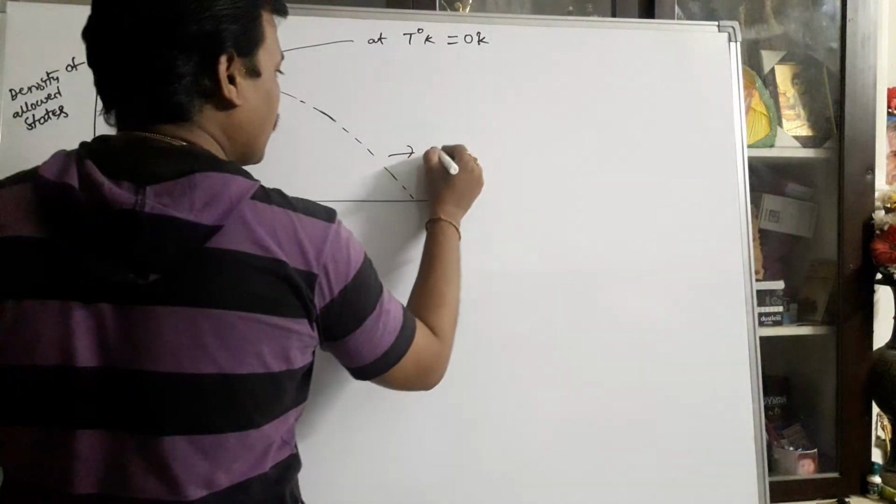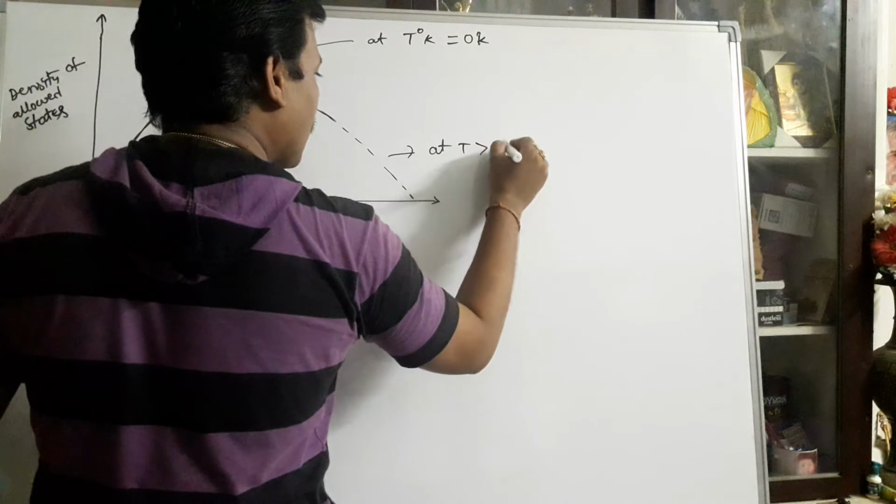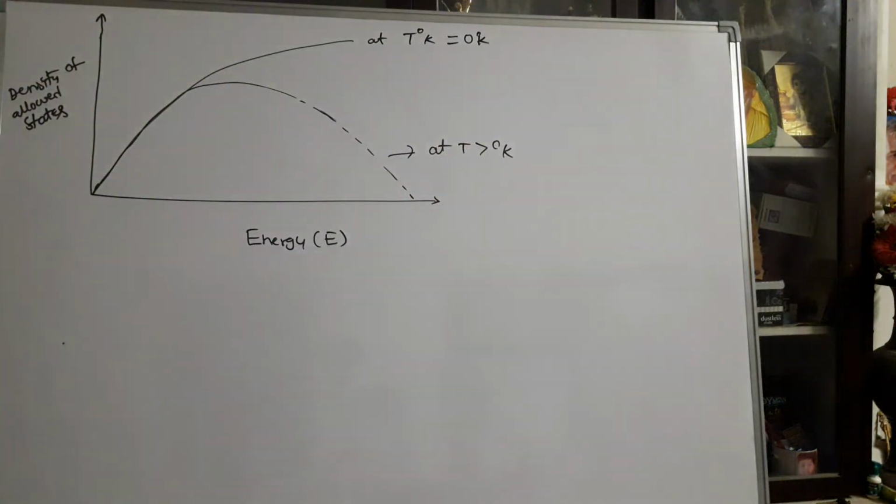This is indicated at T value greater than 0 Kelvin. So the dotted line indicates the temperature is assumed greater than 0 Kelvin. The solid line is indicated particularly at 0 Kelvin.